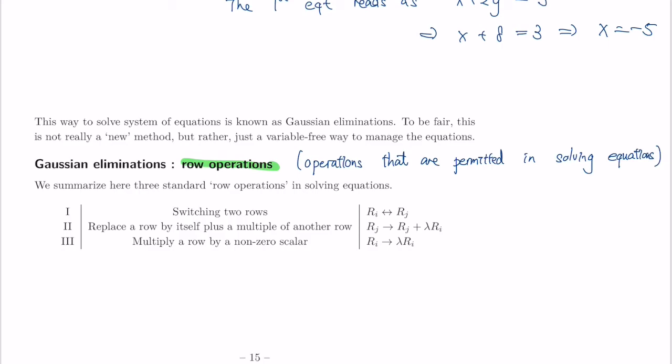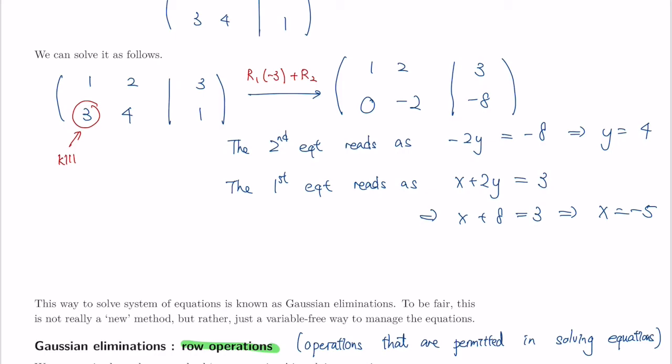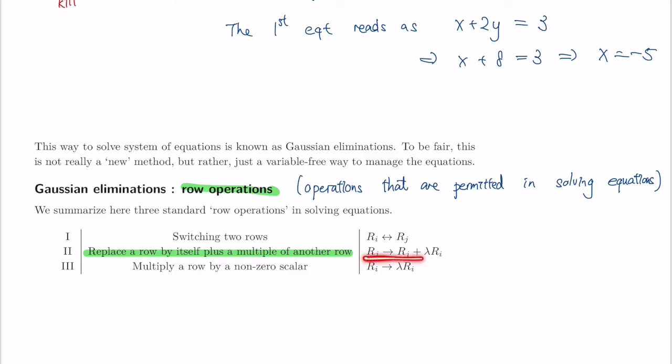So for example, just now we have learned a trick that is the method of elimination. Method of elimination is really try to replace a row by itself plus a multiple of another row, right? Because for example, here we replace the second row by second row plus minus 3 times R1, okay? So this is what we did just now.